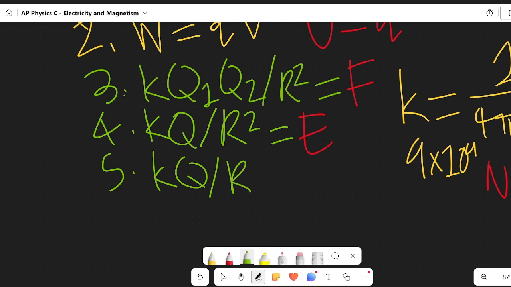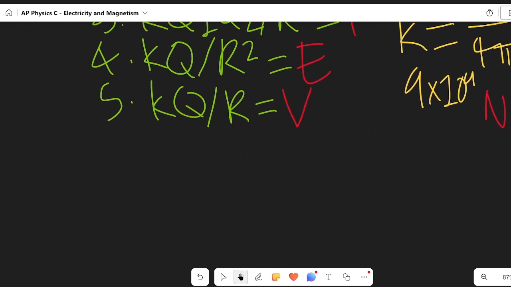And then kq divided by r, where we removed another r, is our potential equation. These 3 equations are also important.